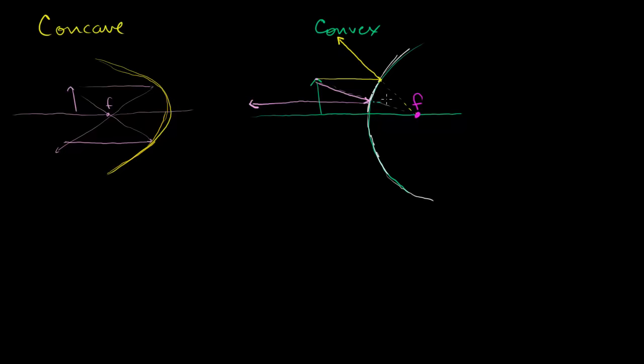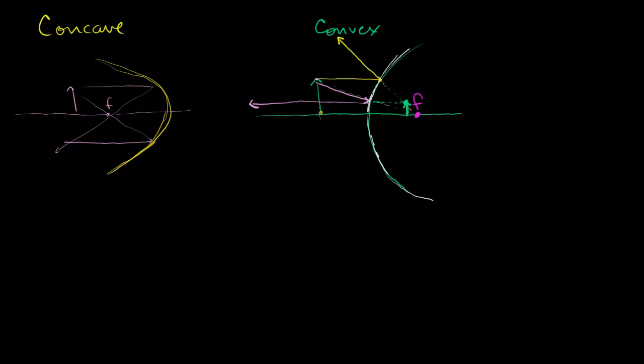This one that just got reflected out parallel, it looks like it's coming from, if you go straight back behind the mirror, and then this one that's coming out looks like it's coming out of this point there. So it looks like they're diverging from this point on the other side of the mirror. And not only does it look like they're coming from there, but the actual image will look like that.